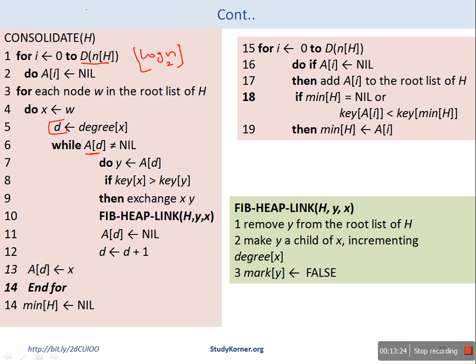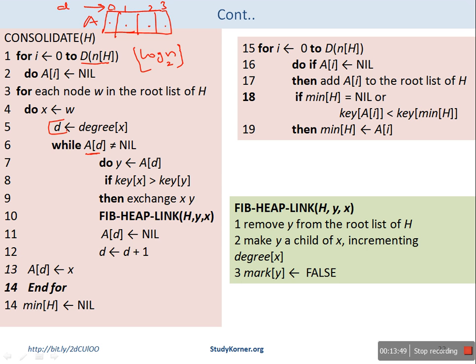So this array is an array of pointers, which is pointing to the nodes in the root list of the tree. So suppose the array is indexed 0, 1, 2, 3.